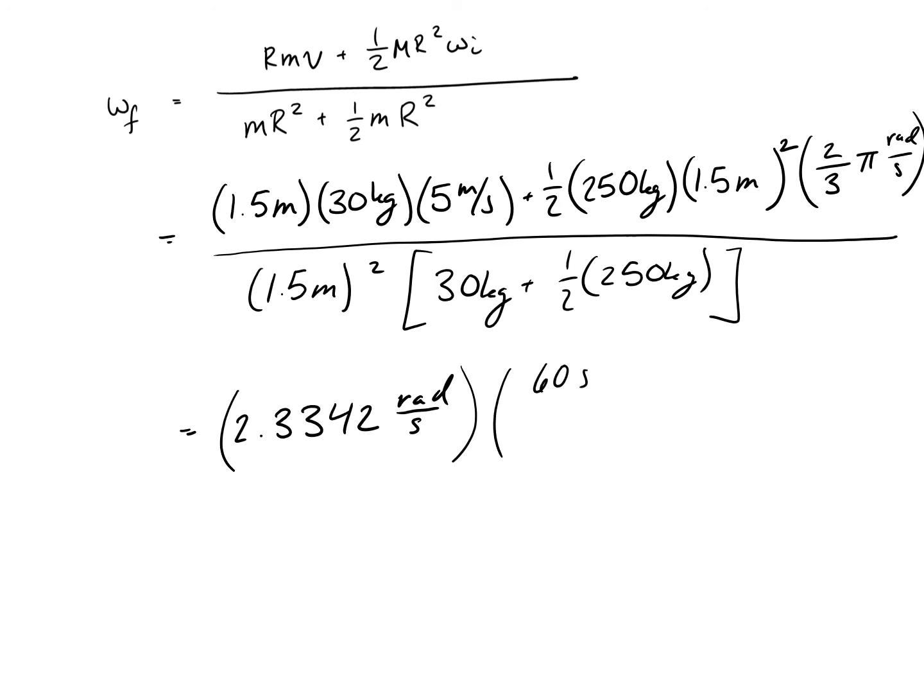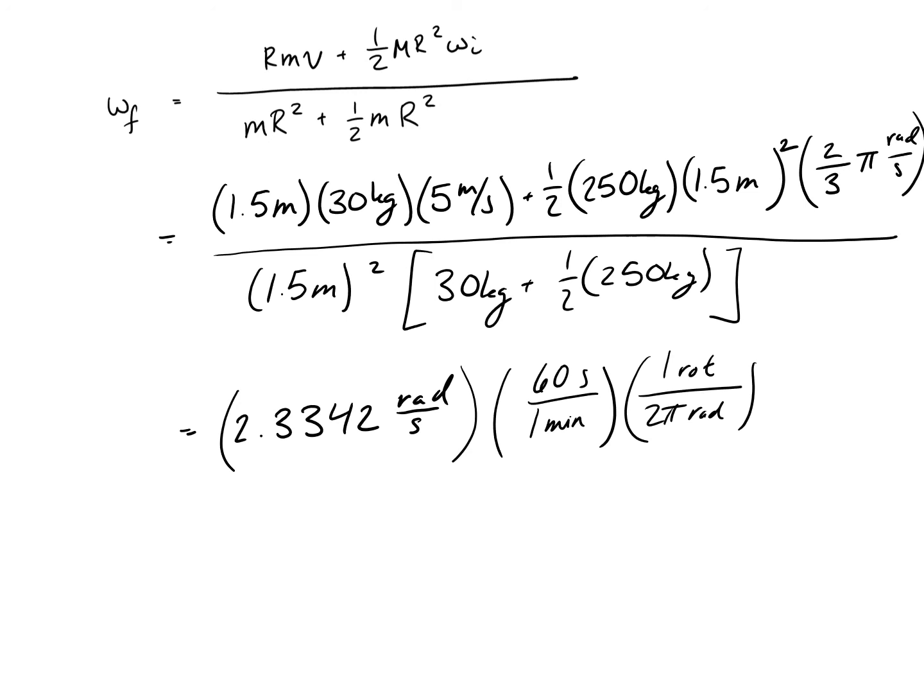There's 60 seconds in 1 minute. And there are 2 pi radians in 1 rotation. So again, when you're dividing by 2 pi, make sure you are dividing by 2 multiplied by pi. If you do just divide by 2 pi in your calculator, it's probably dividing by 2 and then multiplying by pi, which is not the desire that you have.